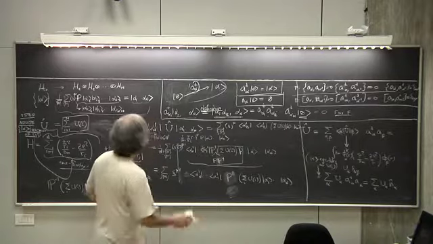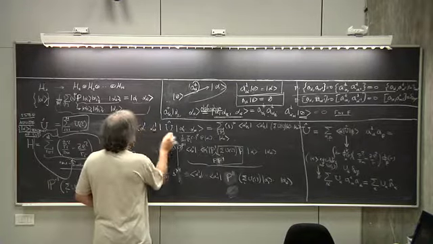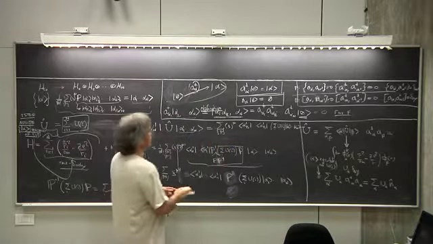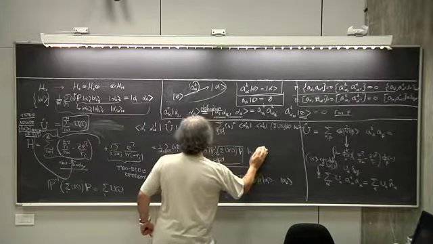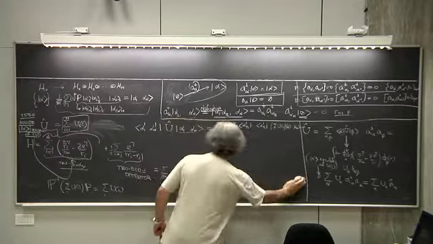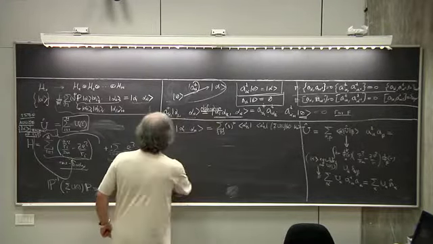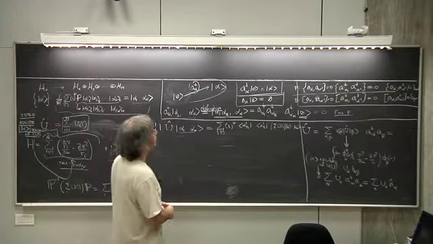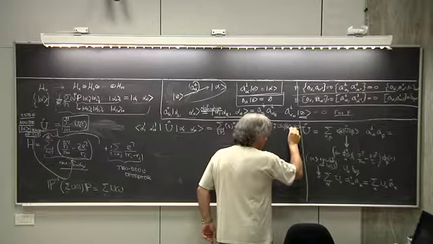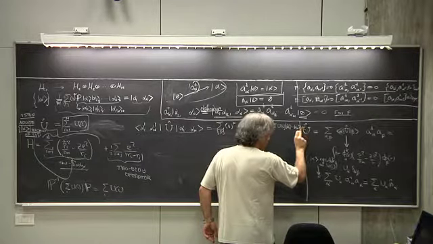Now let me make some space here, because I still need to do some gymnastics. This is okay. Good. This means a precise thing. This means Hilbert space 1, Hilbert space n. Okay?